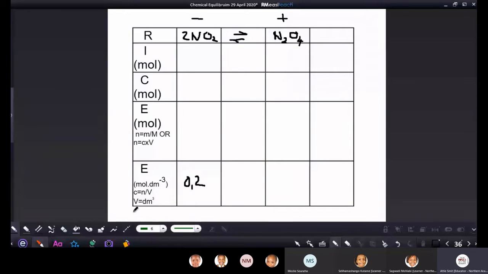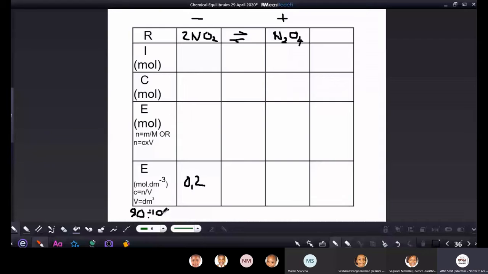All right, so now we need to change the volume. Okay, so 80 cubic centimeters, we need to divide by 100. So am I correct?